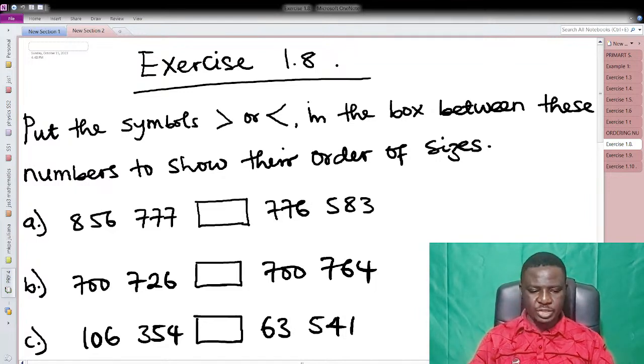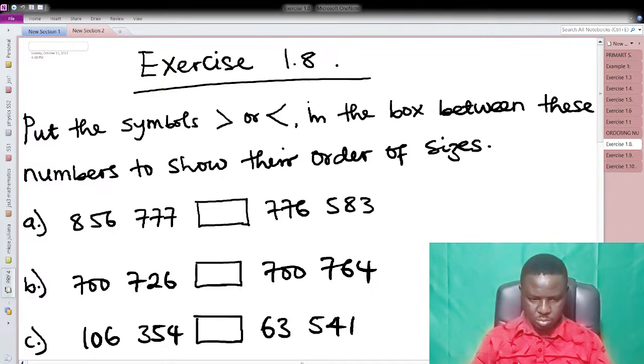Okay, he said A is greater than. That's correct. Good. What about B?